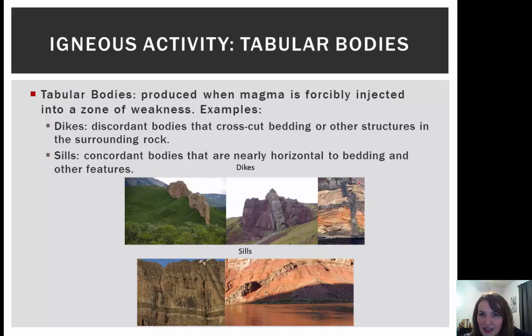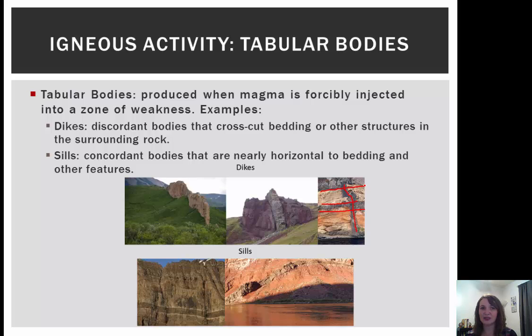If you look at this image right here, you'll see this black rock that is cutting across these layers. What is cutting across is the dike. You had these horizontal layers that were cross-cut by a dike. So that was a tabular body, and it's discordant.